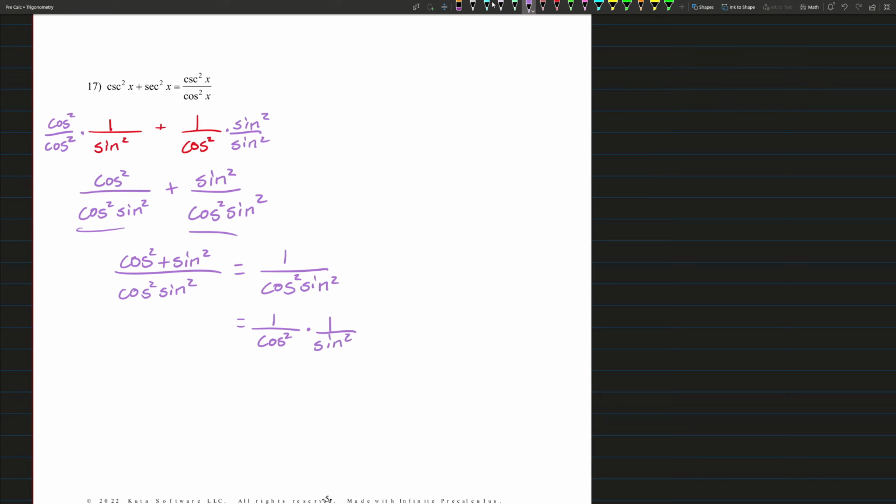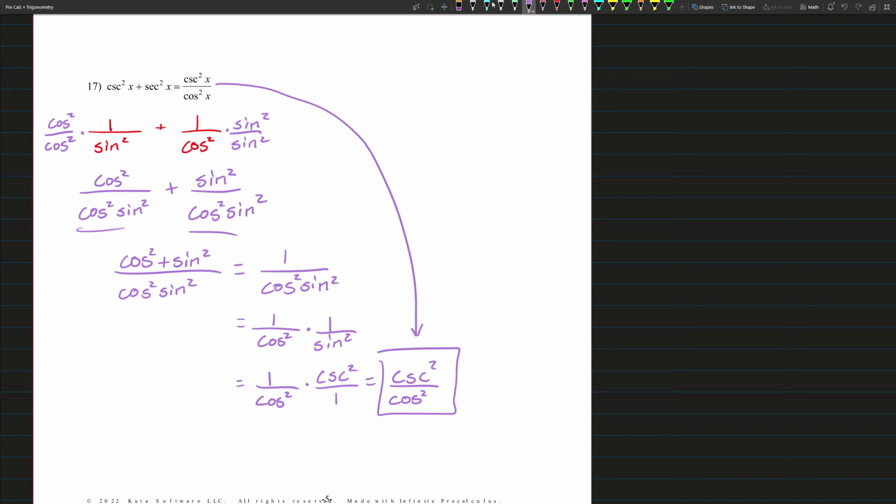We're looking for cosine in the bottom, so that stays the same. And 1 over sine squared is just cosecant squared. So we get cosecant squared over cosine squared, and that's the right-hand side. So we proved that the left-hand side is equal to the right-hand side.